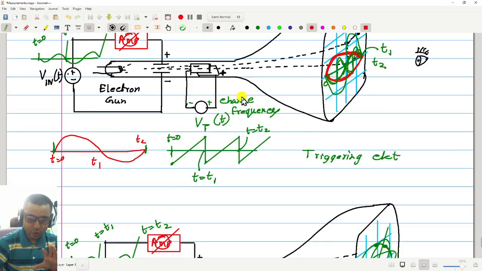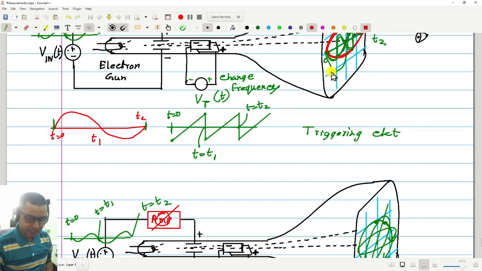Suppose when you have only one input voltage that you want to see on screen, then between these two plates you have to apply a triangular sawtooth waveform, and then you will see the waveform. That is one story, which I told earlier.